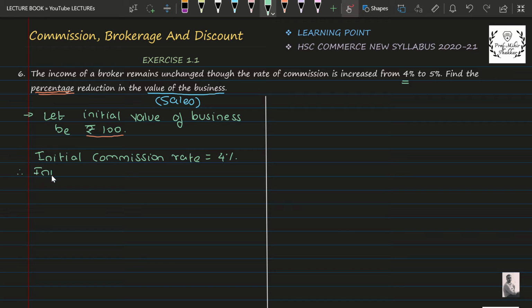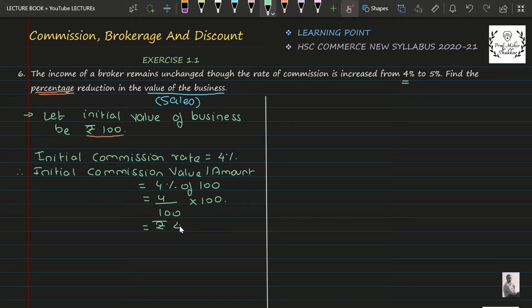Therefore, initial commission value, or you can say amount, will be equal to 4% of the value of the business, which is 100. So I get 4 upon 100 multiplied by 100. See, it became very easy over here, and I can say directly it is rupees 4. We assume that let this is equal to C1, that is initial commission.